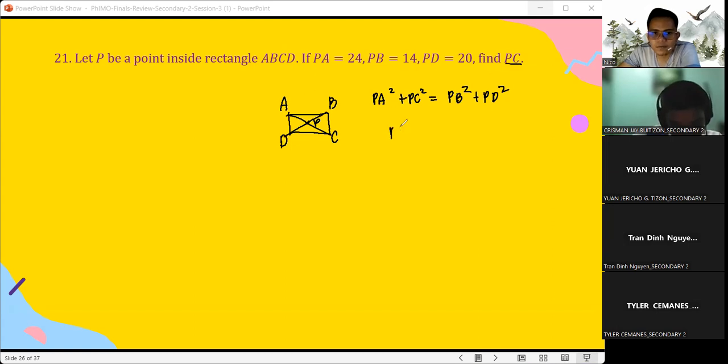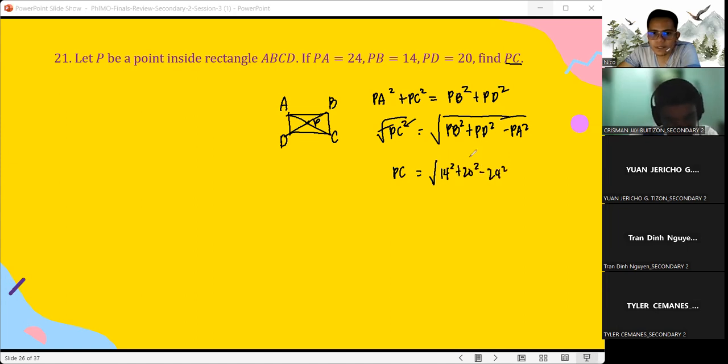So we're going to solve for PC. PC is equal to the square root of PB squared plus PD squared minus PA squared, right? So that is the square root of 14 squared plus 20 squared minus 24 squared. So it's equal to 20, no? So PC is equal to the square root of 5.